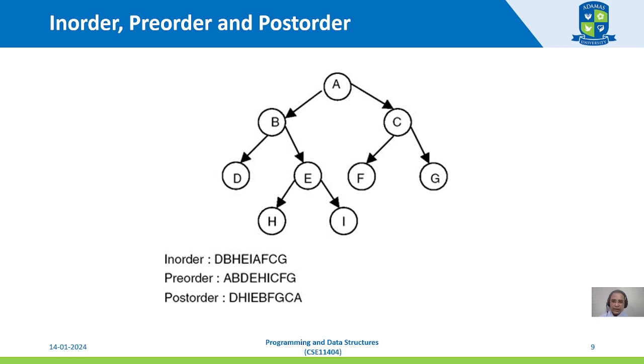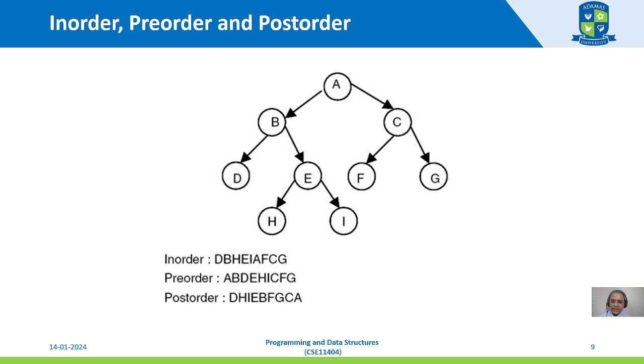And in pre-order, always the root node will be traversed first, that is A, B, D, then E, H, I, then C, F, G. So you can see from here, in pre-order, the first element is always the root element, and in post-order, left, right, root.